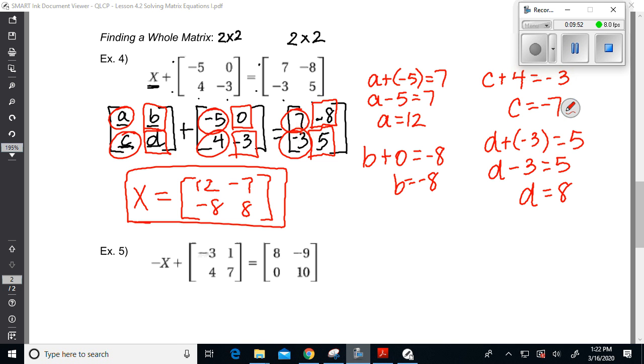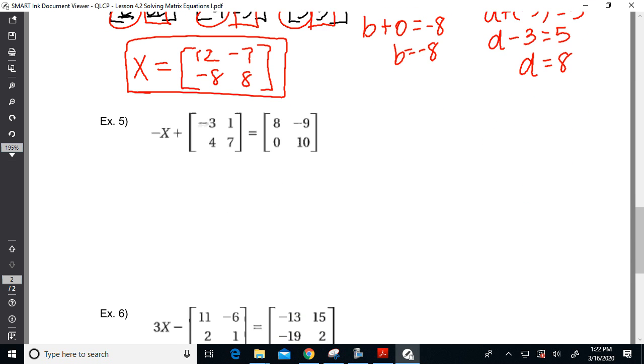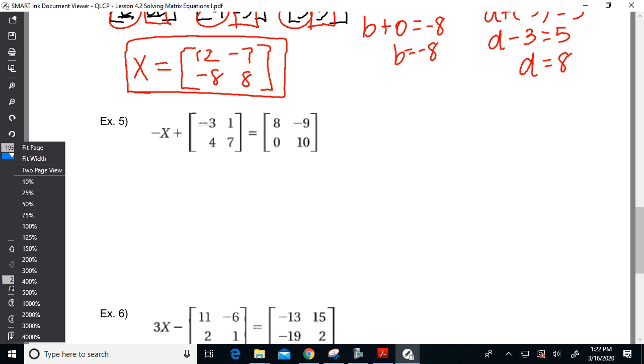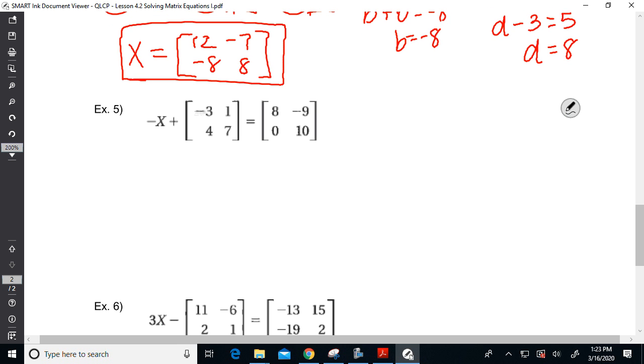Let's do example 5. So example 5, you have -x plus the second matrix equals that third matrix. So let's keep a couple things in mind with that negative x here.